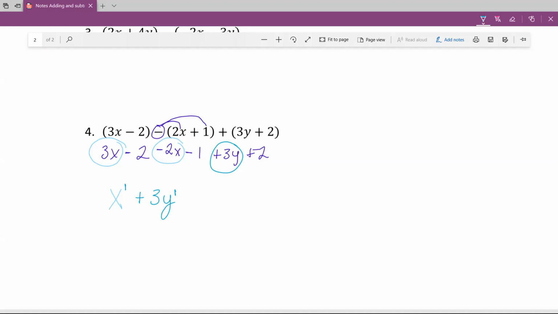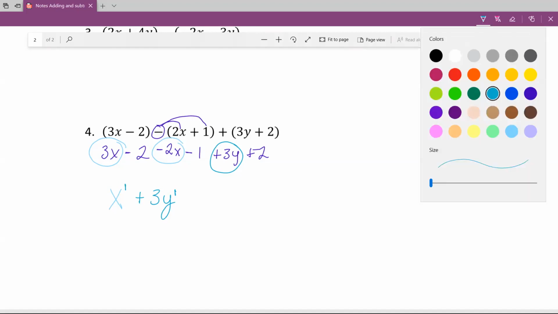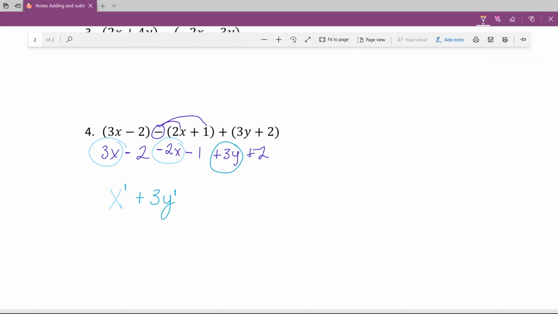Remember, Ms. Markle constantly reminds you, math follows the alphabet. Which one comes first? It's x, y, z. So I'm going to write my variables in alphabetical order as well. X, y, and then I can switch to my constants, which have no variable. Negative 2, negative 1, plus 2. Well, that all adds together to give me negative 1.